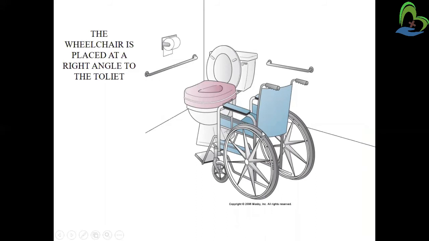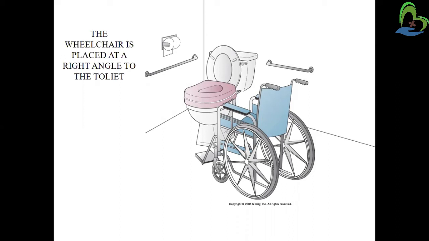If a patient wants to move or go to the toilet for any activity, in that case we can apply the wheelchair, and at a right angle we can place the wheelchair near the toilet. So the wheelchair is not only used for transferring the patient, we can also use it for the patient's own activity like going to the washroom or toileting.